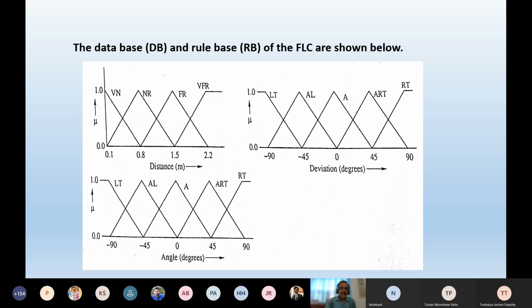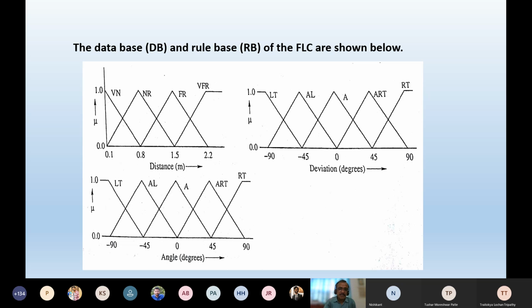So once again, the angle is expressed using 5 linguistic terms: ahead, ahead left, left, ahead right and right. Similarly, the deviation is also denoted by 5 linguistic terms.